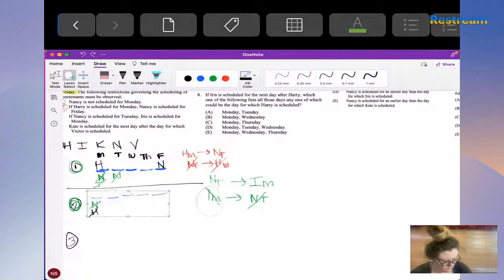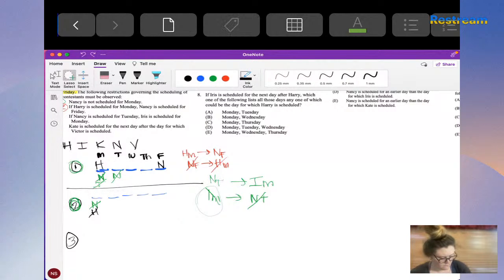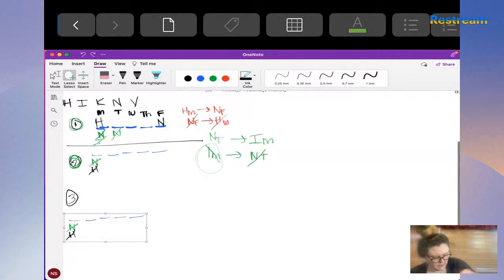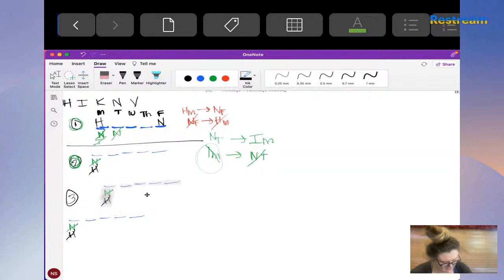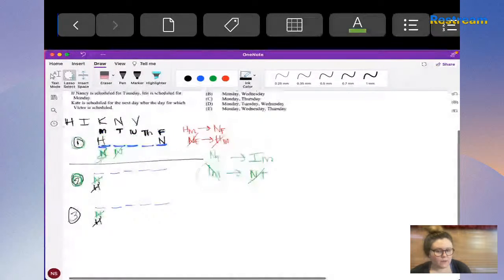Copy. Last try of the night. Control copy. Control paste. Yes.